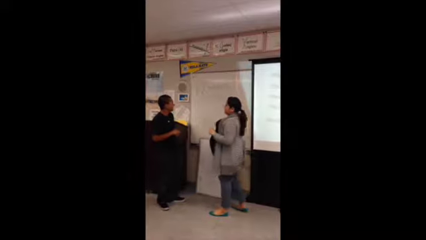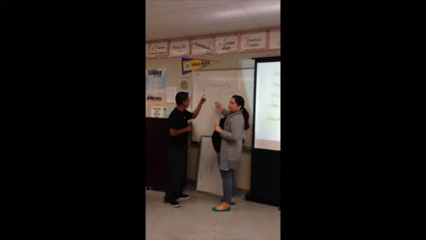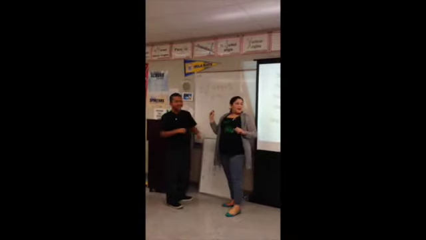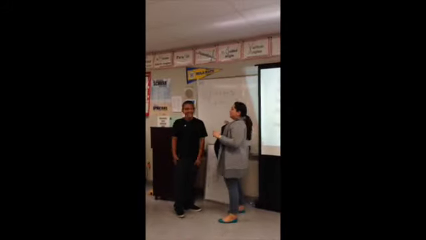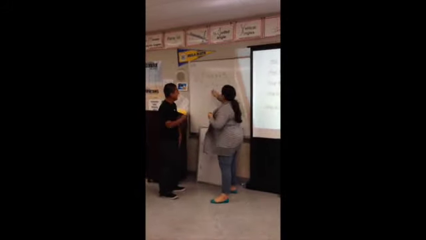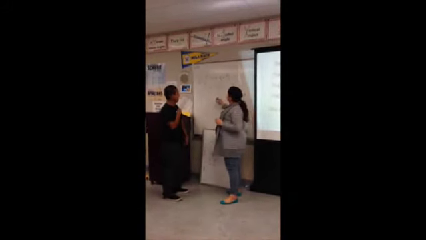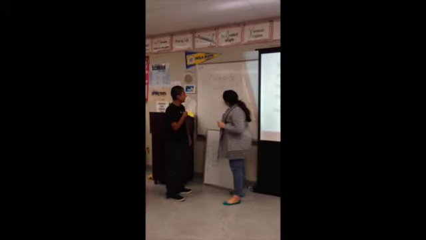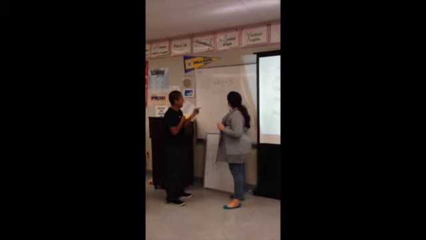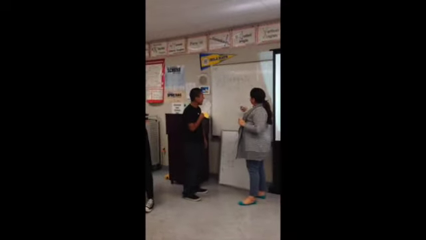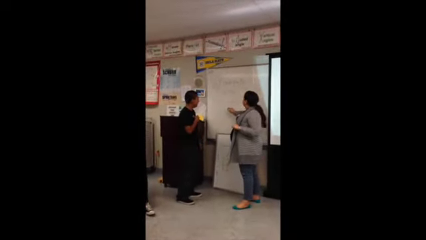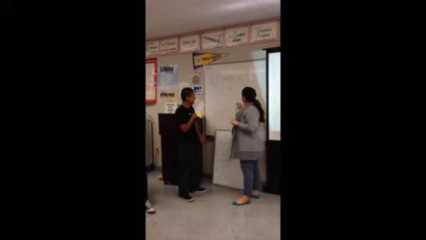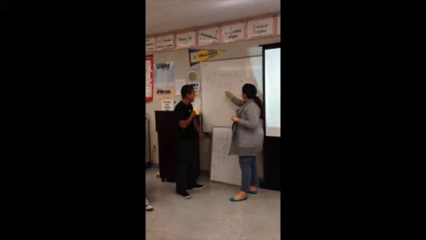Then I added the -5y. I added the -5 with the y, and I got -4y. And I added the -9 to 5, and I got -4. And then divide by -4, and you get y equals 1.